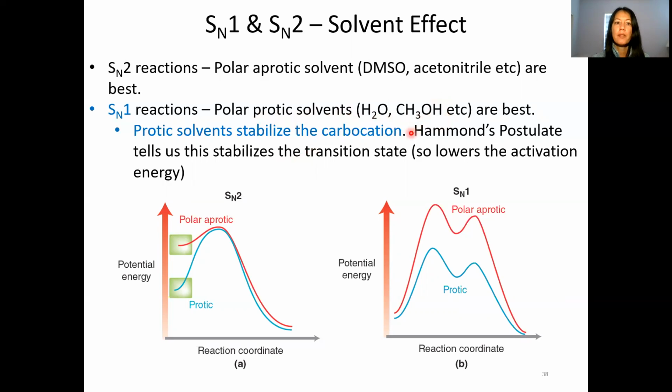If you could stabilize that carbocation, Hammond's postulate says that lowers the transition state. So in a protic solvent, you can get a smaller hill to climb. So that'll be better for your SN1 reactions.